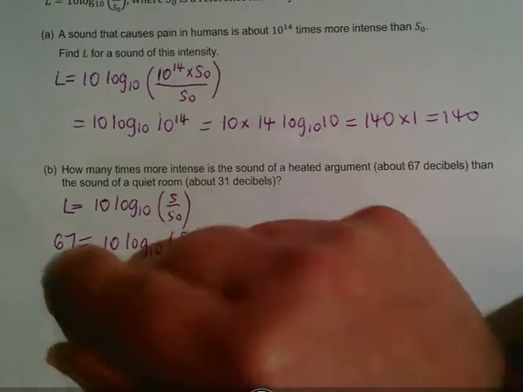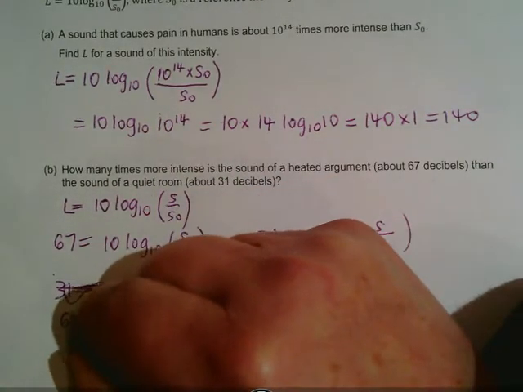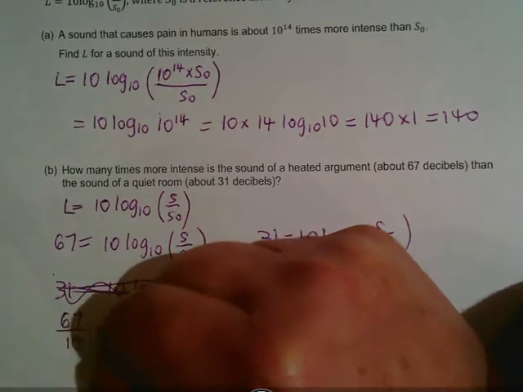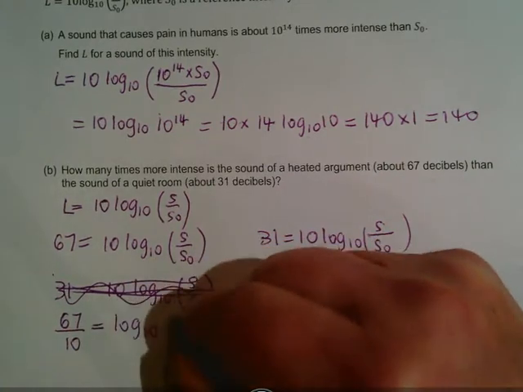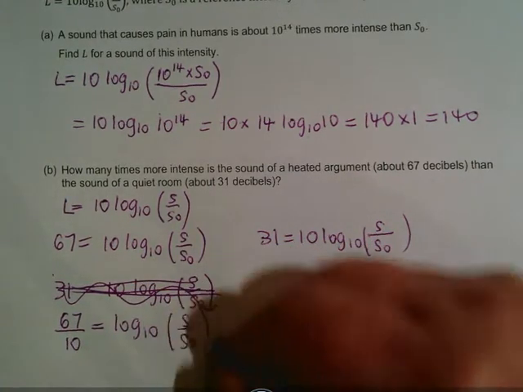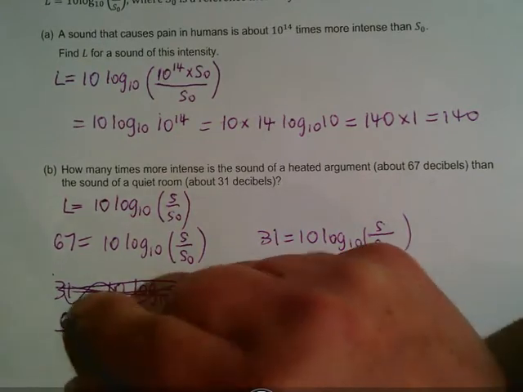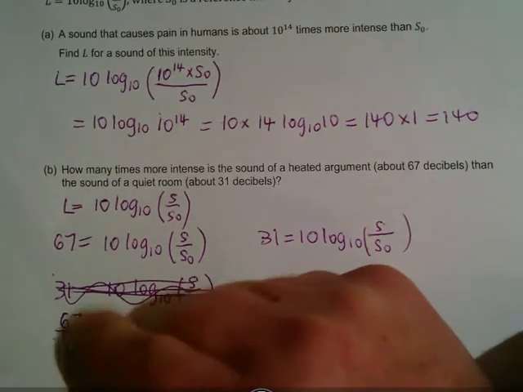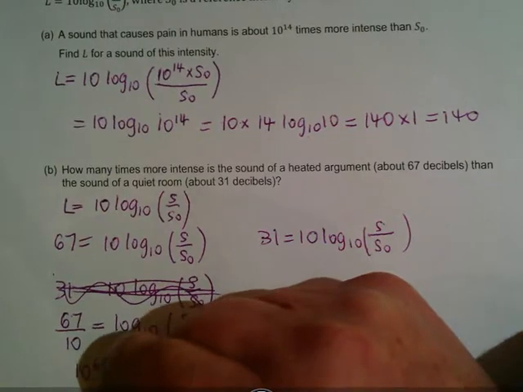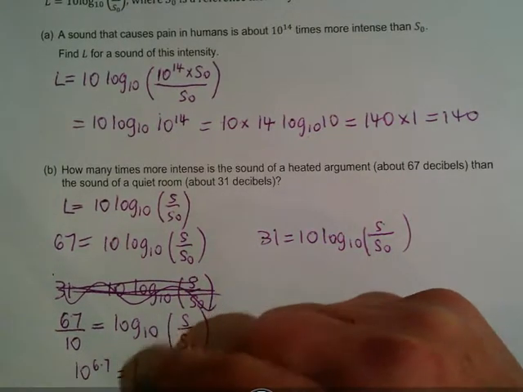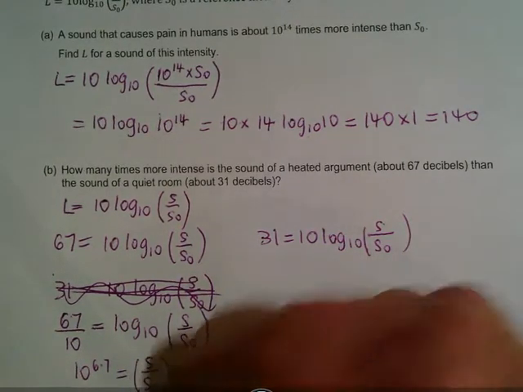I'm going to divide by 10 first. So I've got 67 over 10 equals log to the base 10 of S over S sub 0. So that means 10 to the power of 6.7 equals S over S sub 0.